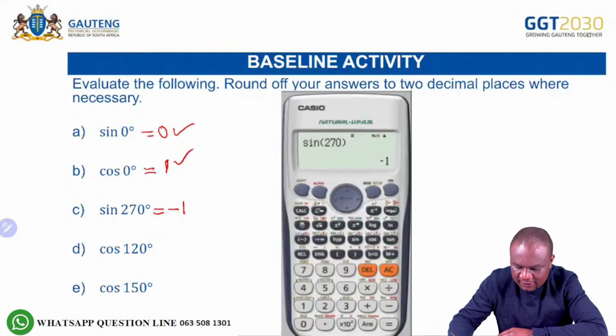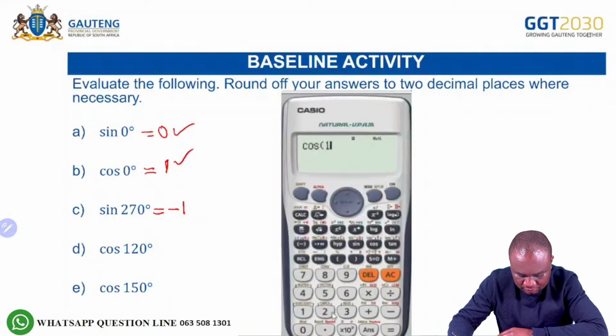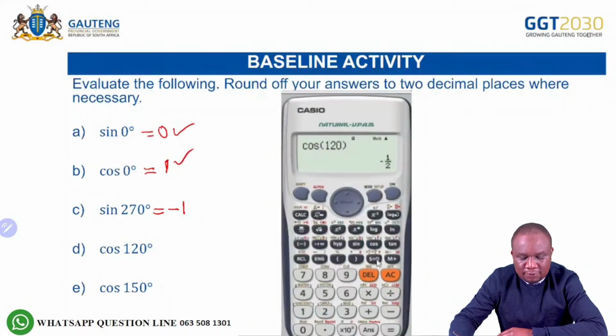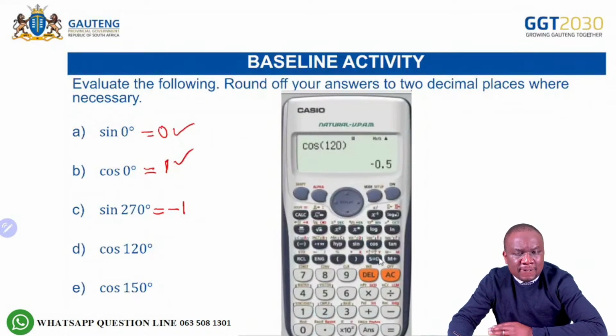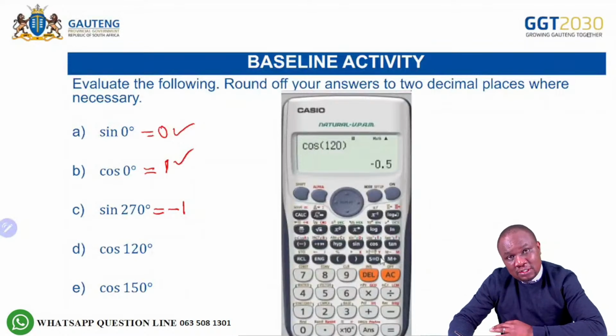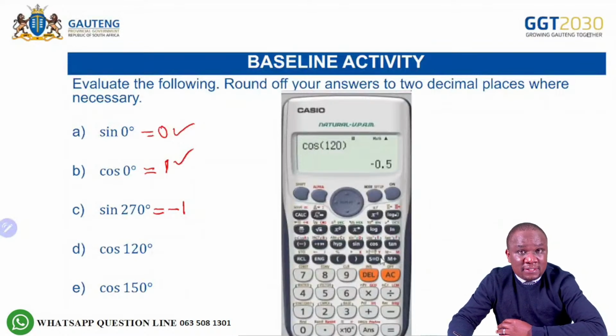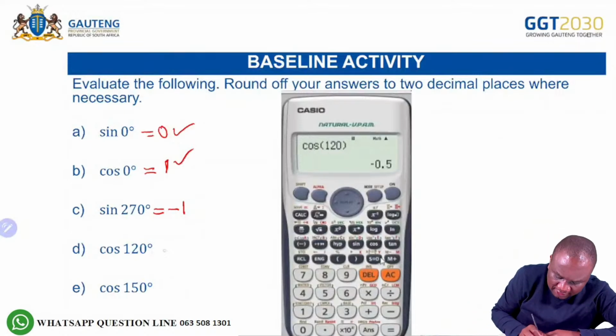Cos 120, close bracket, equals, then press SD, and we get -0.5. Especially if you are plotting graphs, we need to have our answers as decimal fractions. It's easy to plot and see where -0.5 is. So if it's a fraction, you press SD to convert it to a decimal fraction. So that is -0.5.